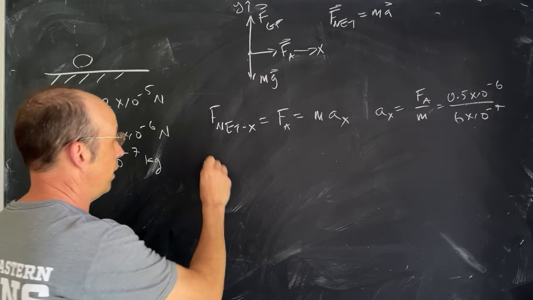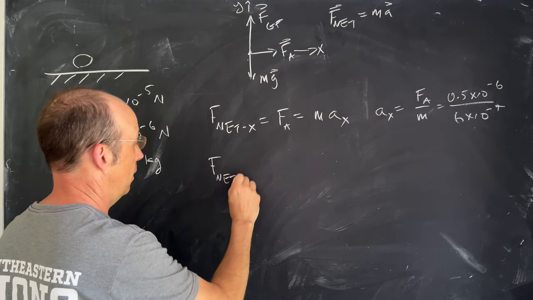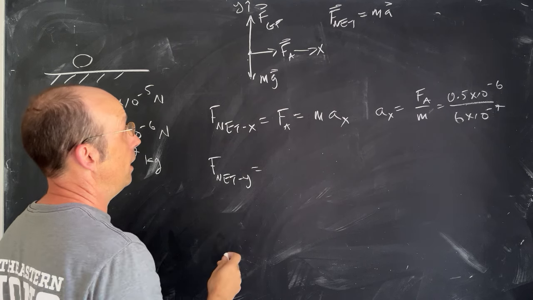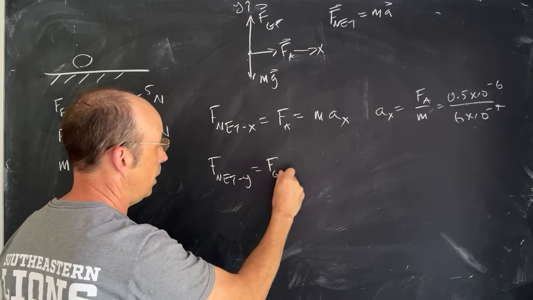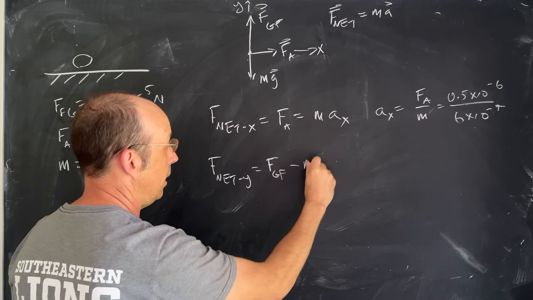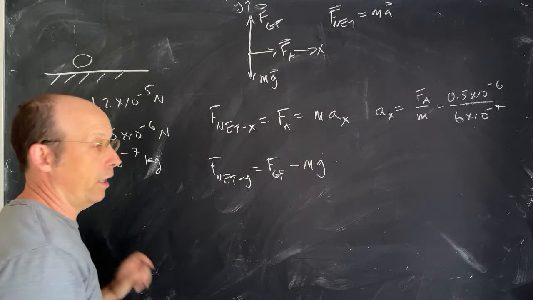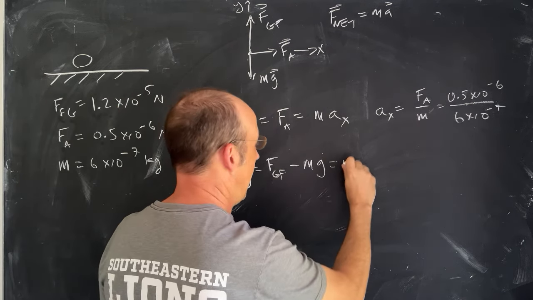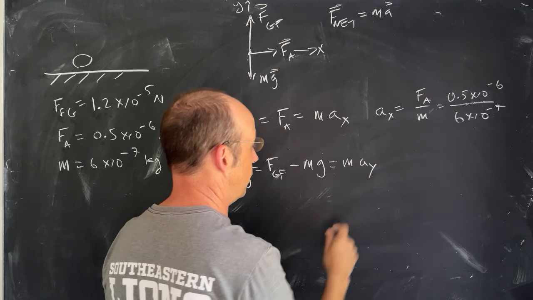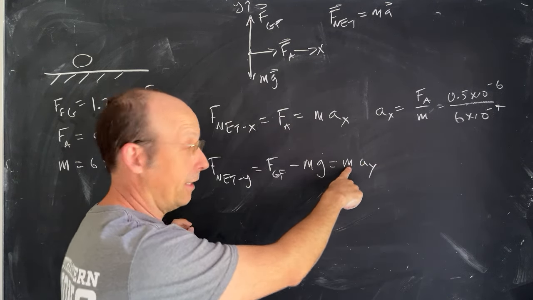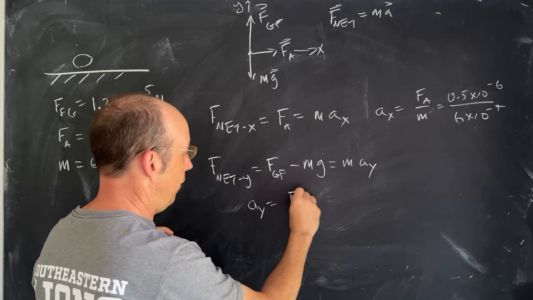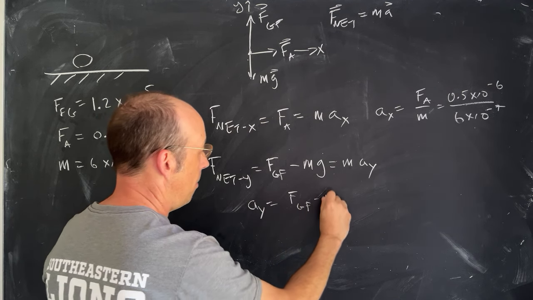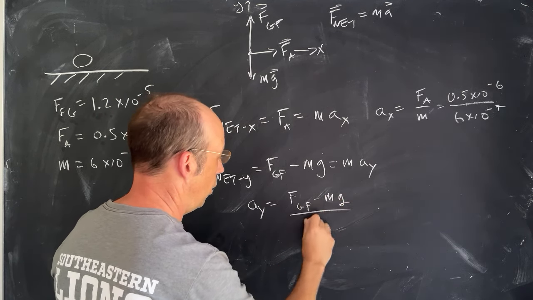Now let's do the y direction, F net y. It's going to be equal to the ground pushing on the flea, Fg flea, minus mg, right? Because that's in the negative y direction. And that will be equal to the mass times the y acceleration. Again, dividing by the mass, I can get the y acceleration. Ay is going to be Fgf minus mg over m.